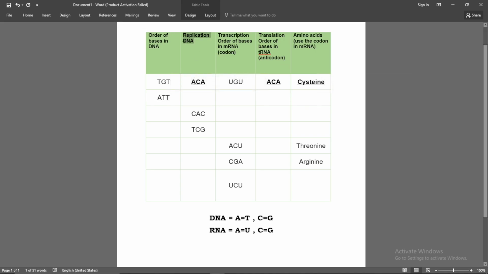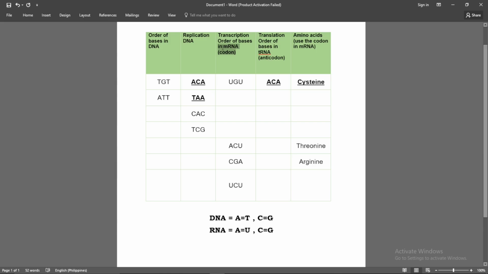Now for the next row, ATT. For the replication of DNA, of course, we will be using the DNA formula. A corresponds to T, T corresponds to A, and T corresponds to A again. After that, solving for the third column now. In order to solve this, we will be basing it off of the second column, the one nearest to it.